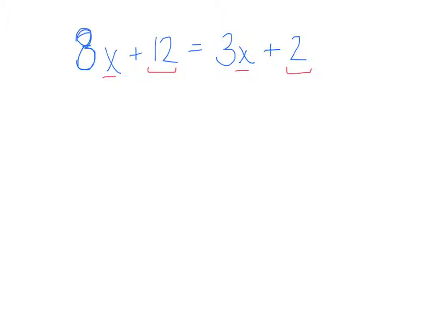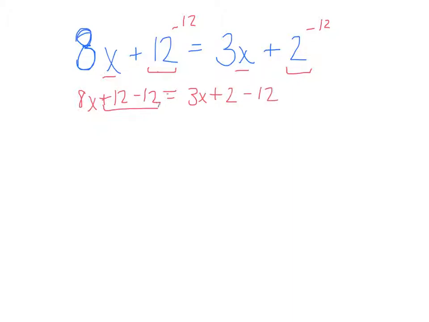So I'm first going to deal with the 12. How do I get rid of 12 on this side? Well, I'm going to subtract it, since it's being added originally. So 8x plus 12 minus 12 equals 3x plus 2 minus 12.